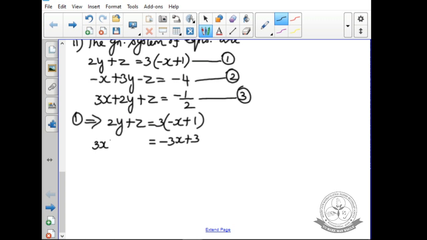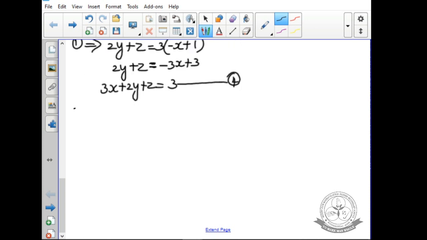So now we arrange the terms. Minus 3x, you bring it to the left hand side, 3x, write the remaining terms, plus 2y plus z equal to 3. So here it is in the correct form: x term, y term, z term, constant term. Up to third we finished, take it as the fourth equation.